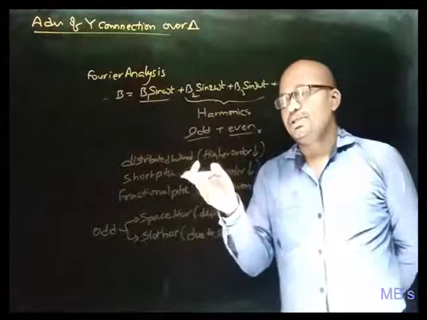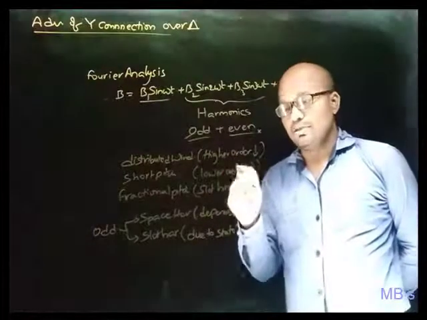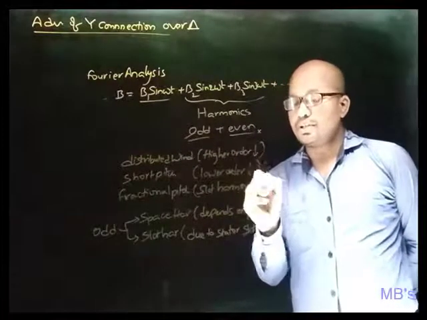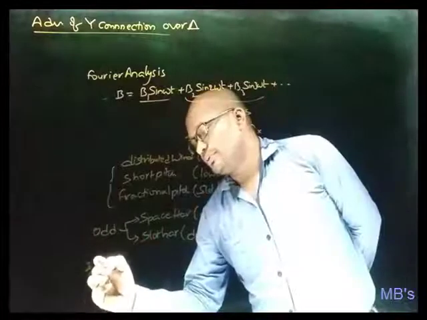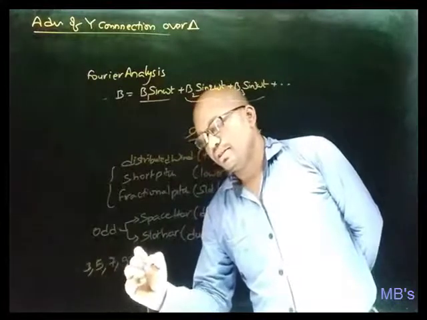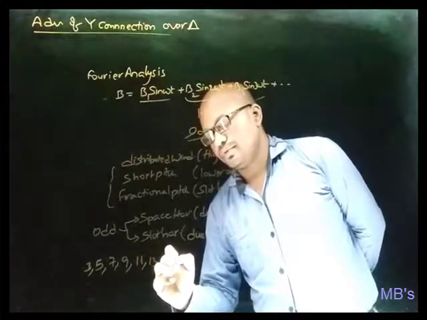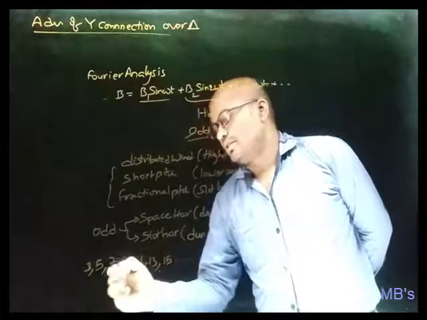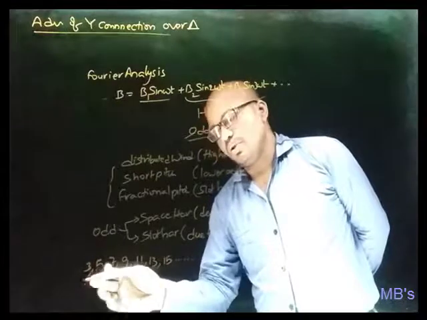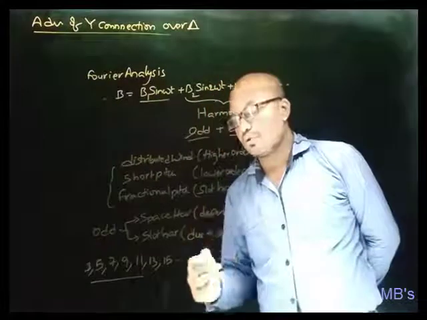And by using short pitch winding, we have eliminated the lower order harmonics, like 3, 5, 7, 9, 11, 13, 15, etc. All these come under lower order harmonics, and the remaining all come under higher order harmonics.